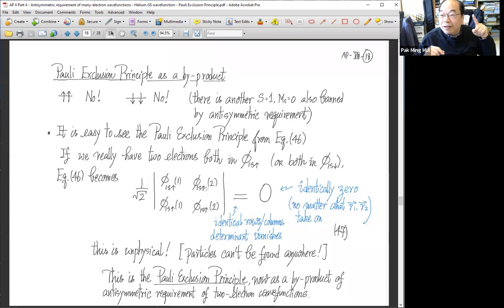And here we will see that the antisymmetric requirement of the electron wave function is a higher level statement that implies the Pauli exclusion principle. So let's see how it goes. So in the heading, I emphasize that the Pauli exclusion principle is a byproduct. I'm trying to downgrade it a little bit so as to emphasize the principle lies in the antisymmetric requirement of the electron wave function. So it's a byproduct.